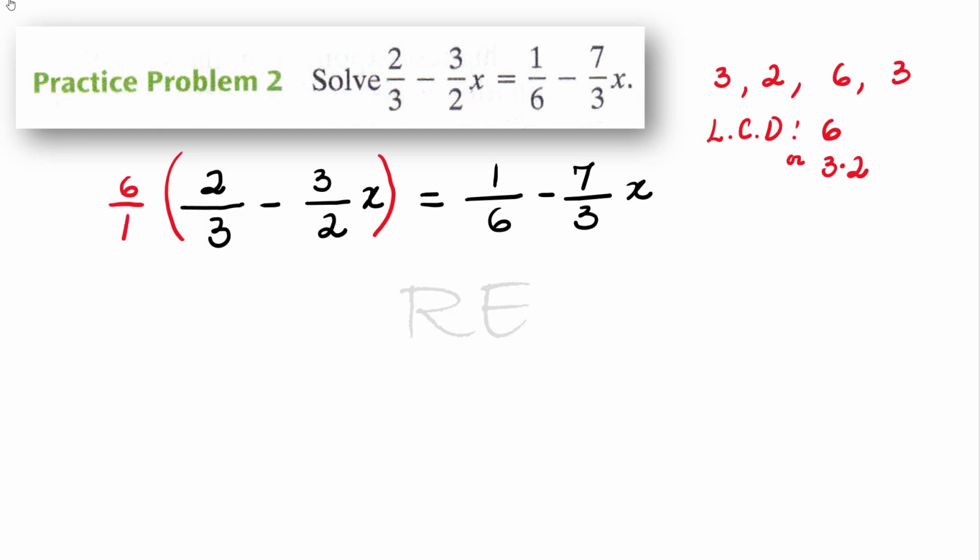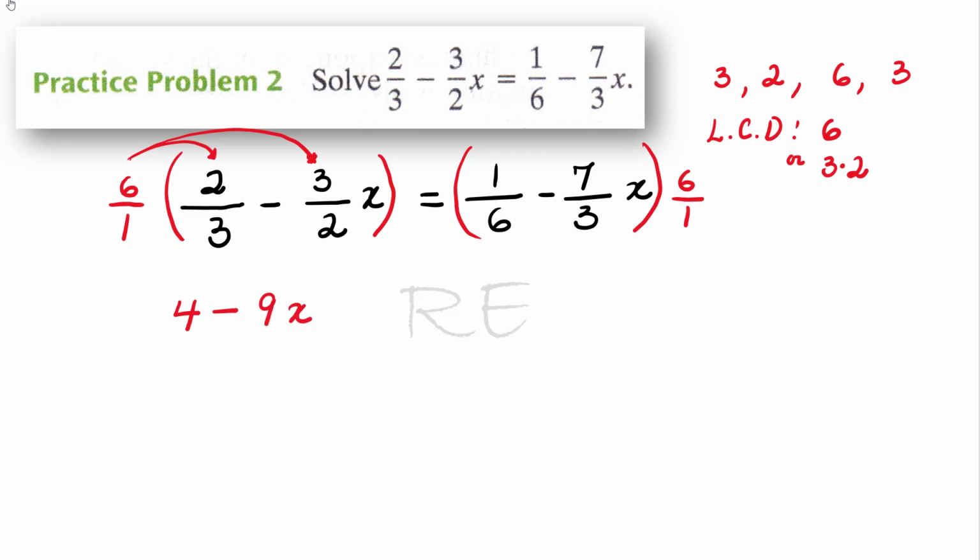Now we multiply both sides by the LCD to clear the fractions. 6 over 1, 6 over 1. 6 times 2/3, 6 divided by 3, 2. 2 times 2, 4. Minus 6 times 3 halves, 6 divided by 2, 3.